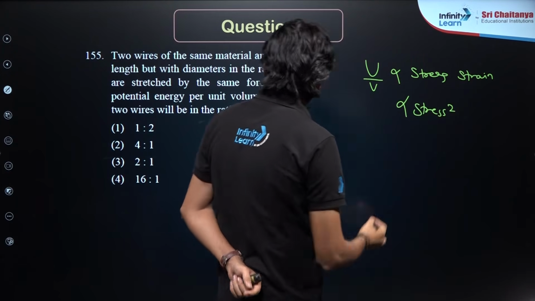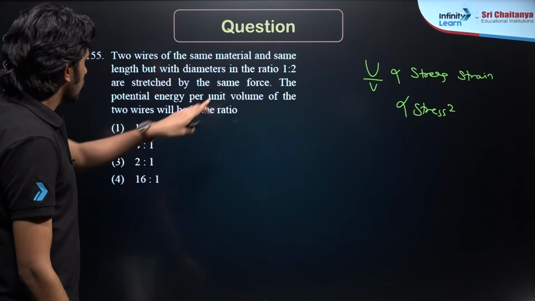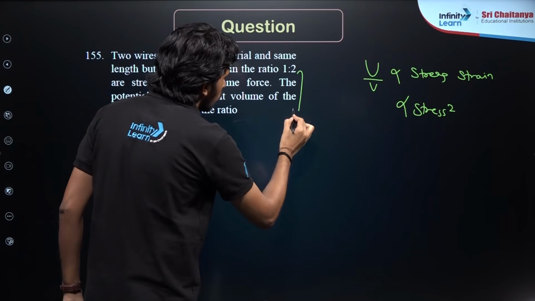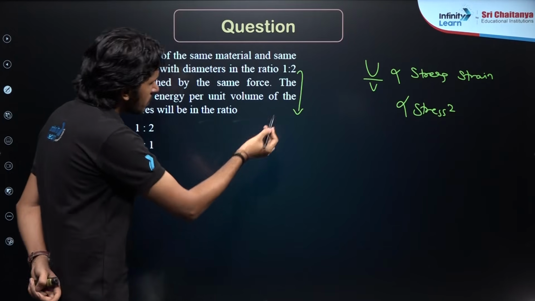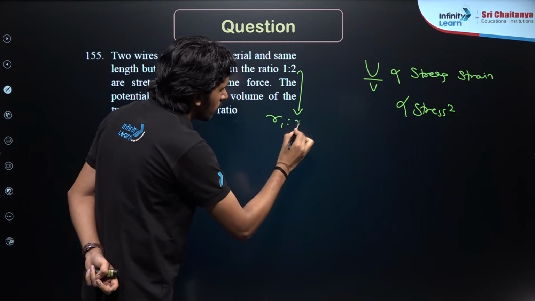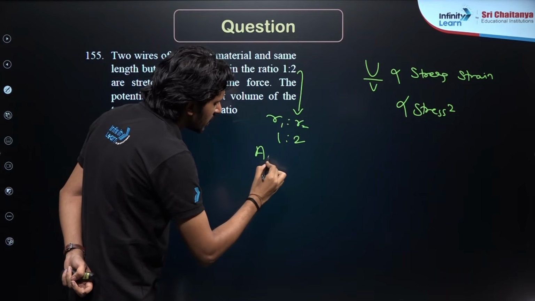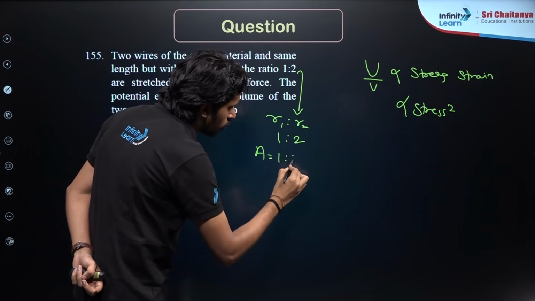Right? Now we are applying the same amount of force, but this is the ratio of diameter, that means the ratio of radius r1 to r2 is 1:2. Then areas are in the ratio of 1:4.